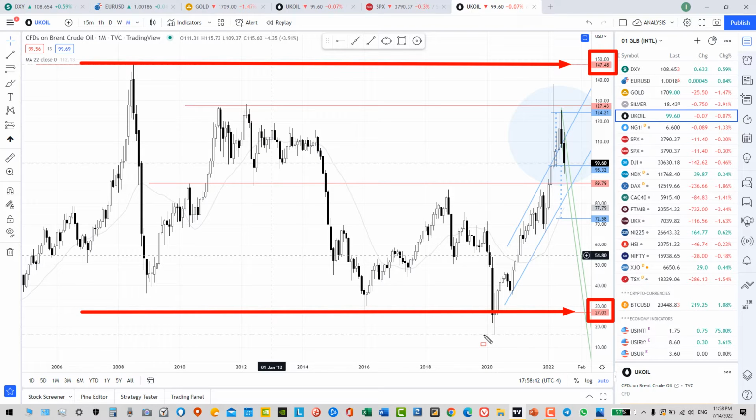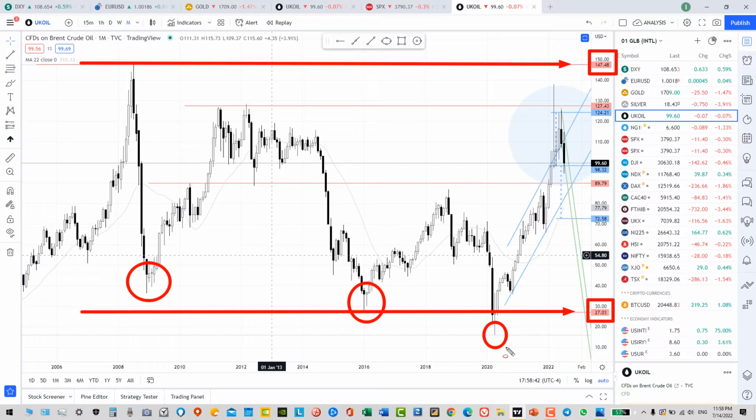Here you can notice that we do have one bottom above $27, another bottom exactly at $27, and the third one having a volatile shadow below the $27.